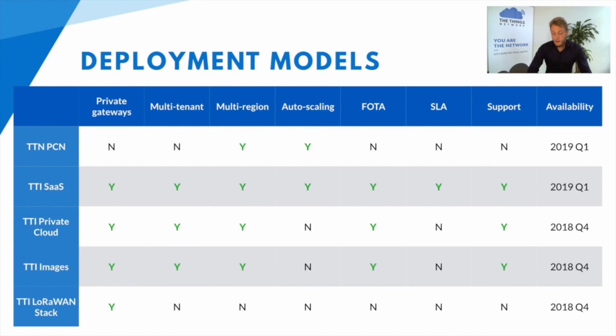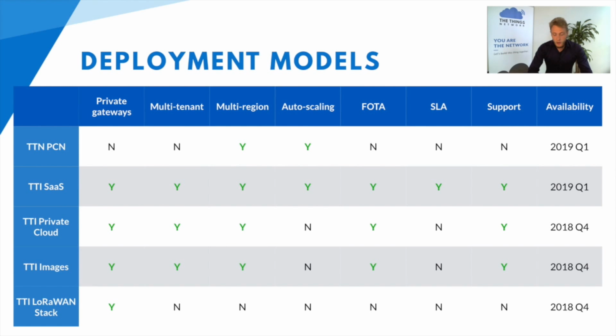Multi-region means that the network is deployed in different clusters around the world, and this can be very useful to reduce the latency. Autoscaling means that the infrastructure scales up and down automatically based on the load. FOTA is the firmware update technology to send updates to the end devices. SLA is a service level agreement, and support is our support and consultancy provided through the Things Industries.